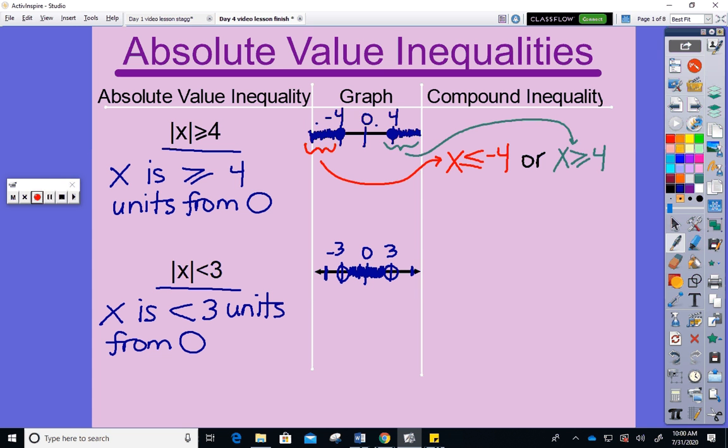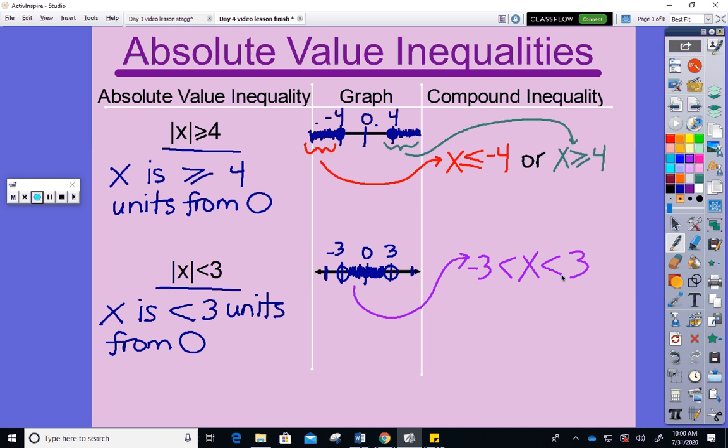Is that less than 3 units from 0? No, so don't shade. So now I get only one shaded region, a bookended shaded region. I say that x is between -3 and +3 on the number line, so -3 is less than x is less than 3.